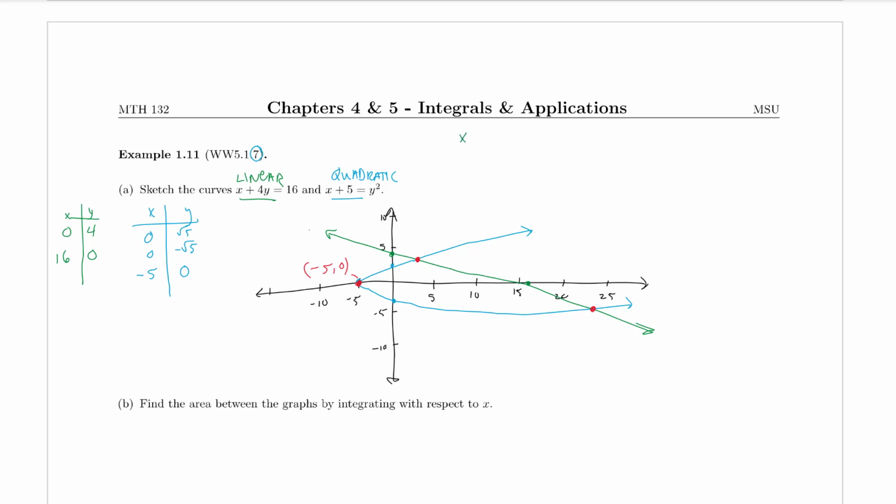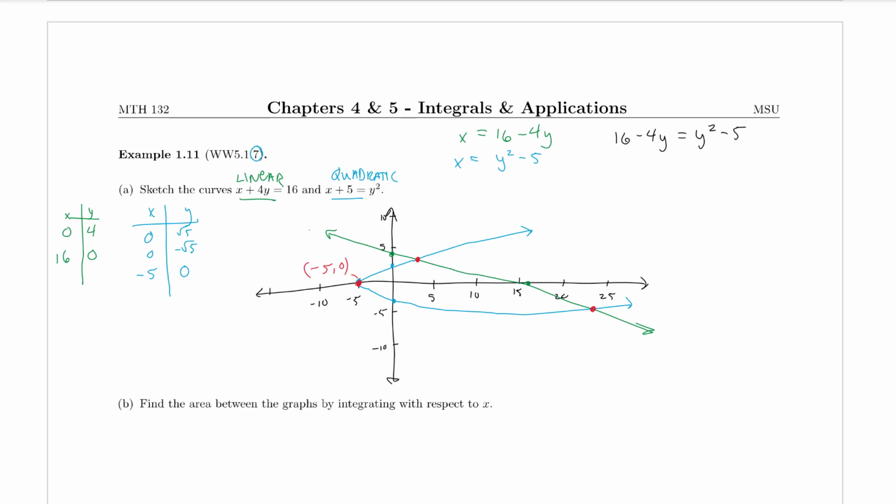So when we solve the linear equation for x, we get that x is equal to 16 minus 4y. And when we solve the quadratic equation for x, we get that x is equal to y squared minus 5. Now we're going to want to set these equal to each other to figure out where they intersect. So 16 minus 4y equals y squared minus 5.